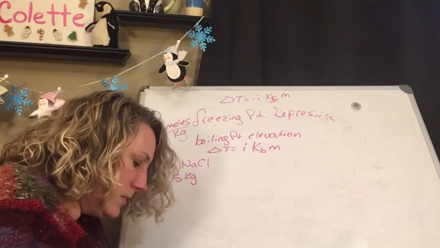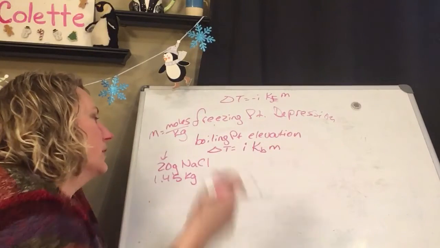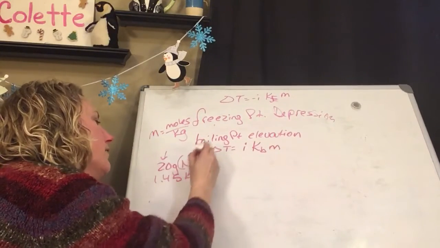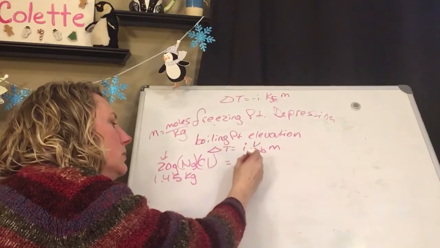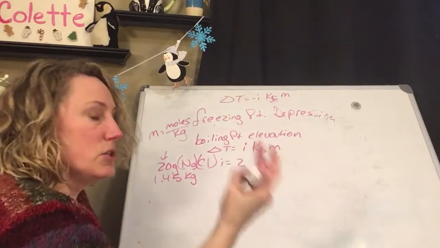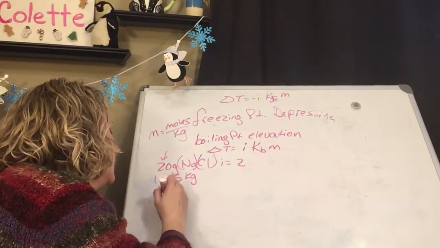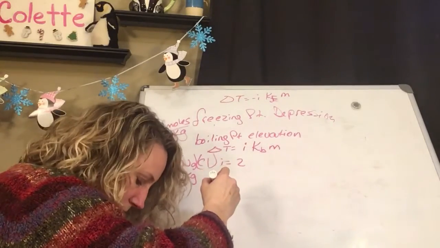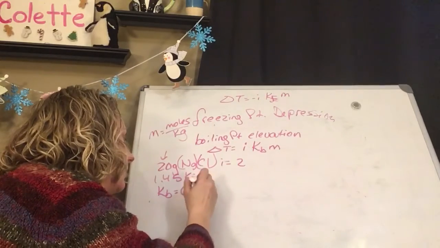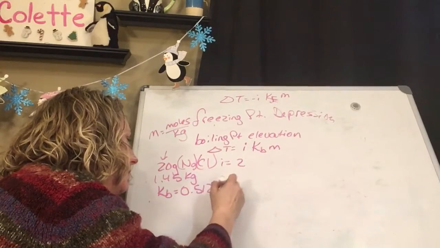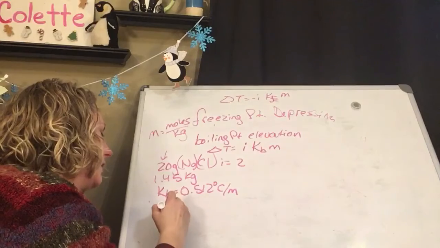So first, again, we have to figure out the i. We know the i of sodium chloride is going to be 2 because it breaks into 2 pieces. Your K sub B they have to give you. So that's going to be 0.512 degrees C per m. So we need to calculate our m.